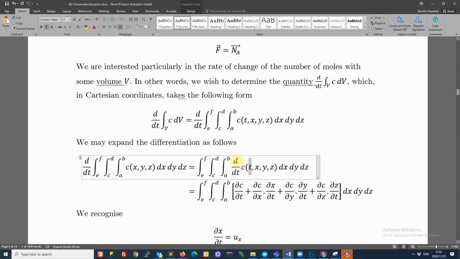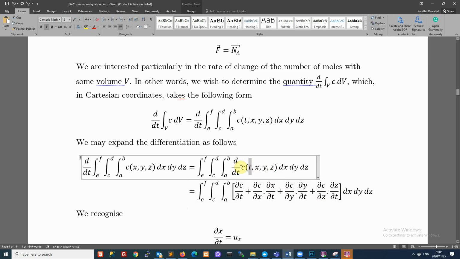So if we differentiate c, given that x might be a function of time as well, then the derivative here will be dc/dx dx/dt. And then similarly for the other dimensions, we can write dc/dy dy/dt plus dc/dz dz/dt.